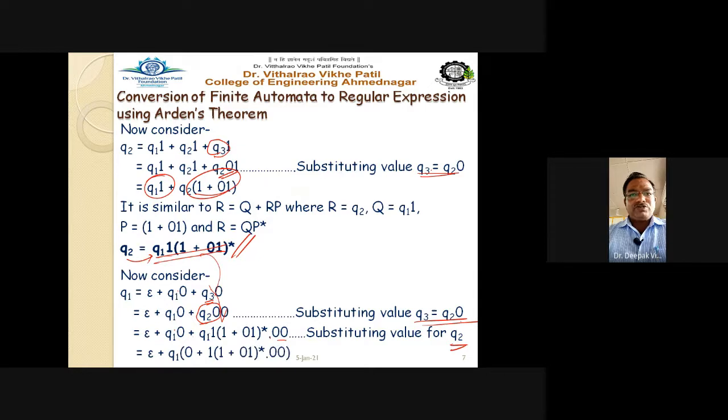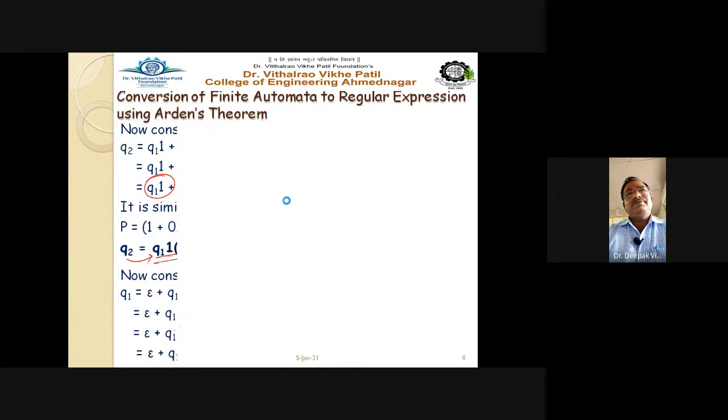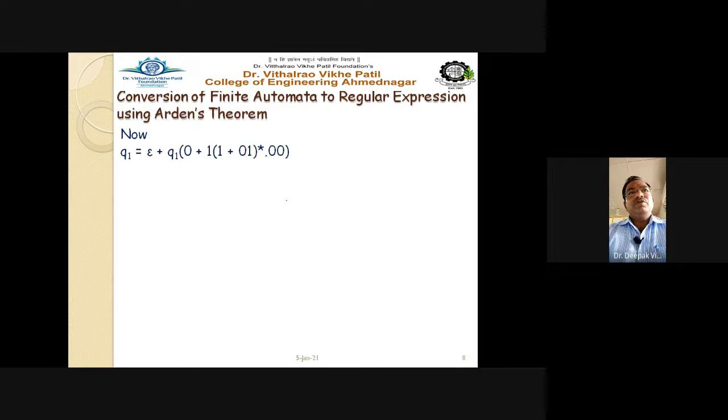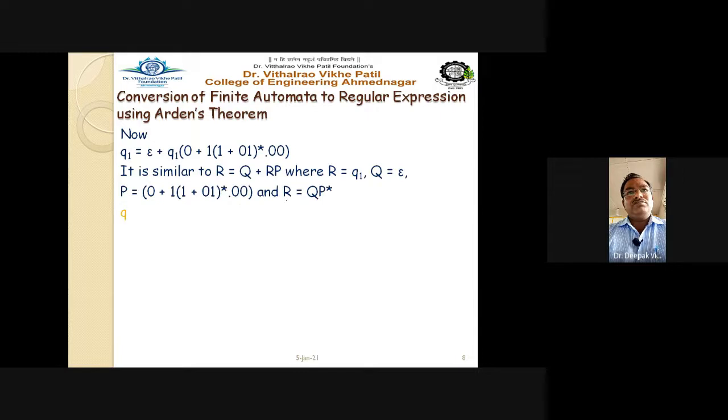Take Q1 common, and now this equation becomes analogous to Arden's equation. So Q1 equals epsilon plus Q1 into the bracketed total term, similar to R equals Q plus RP. So I can have Q1 equal to epsilon dot the total term star, and this is the final regular expression for the Q1 state.